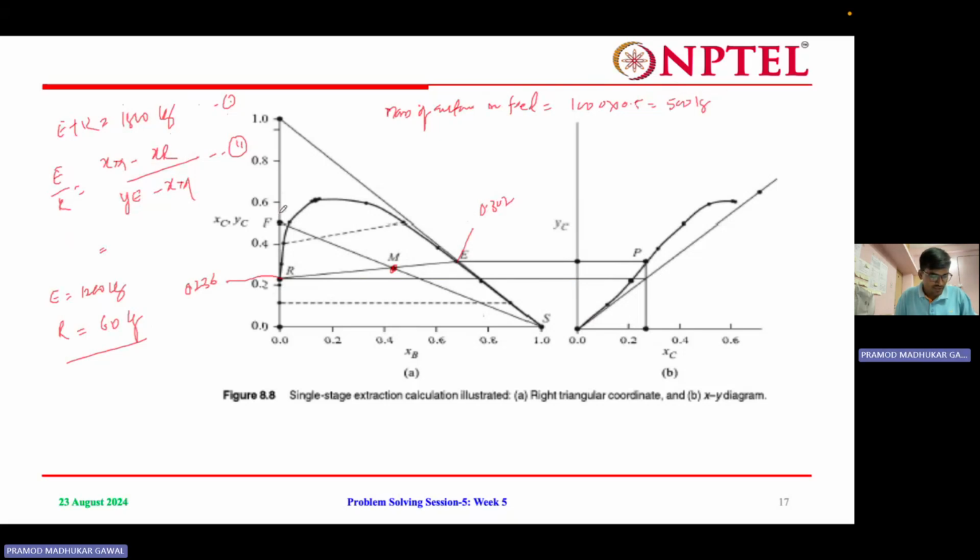Now acetone entering with the solvent is 800 into 0.005, so 4 kg, right? So the net amount of acetone transferred to the extract phase is equal to 362.4.